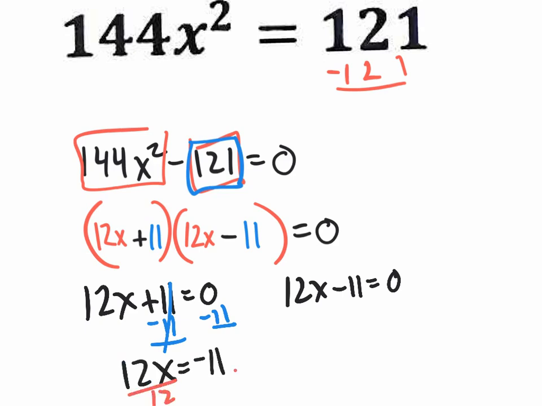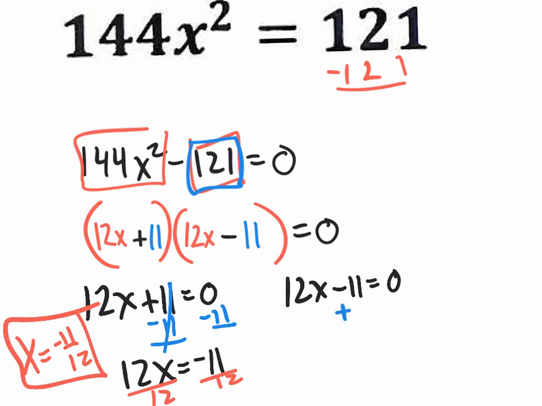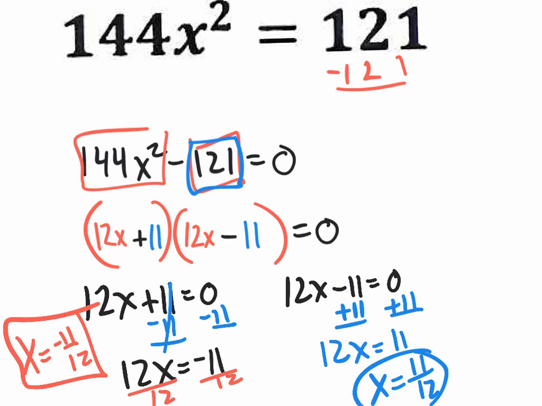When you divide by 12 and divide by 12, you're going to get x equals negative 11 twelfths is one answer. And if you do the work on this other one, it'll be x equals positive 11 over 12. Sorry, I didn't show all my work there. That's one way of doing it.